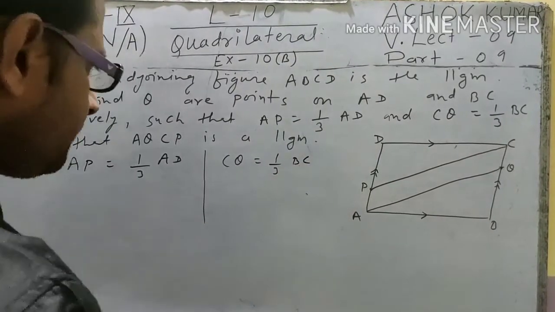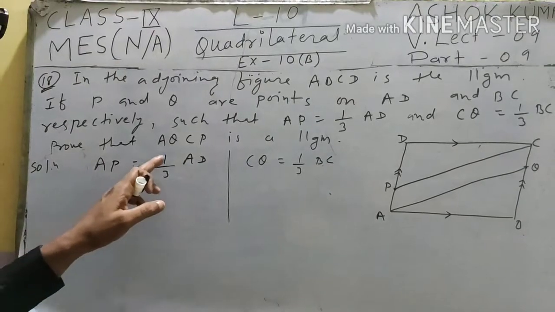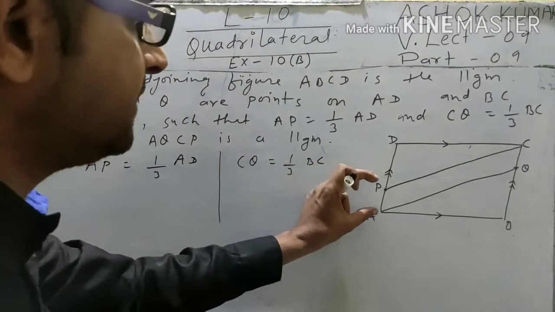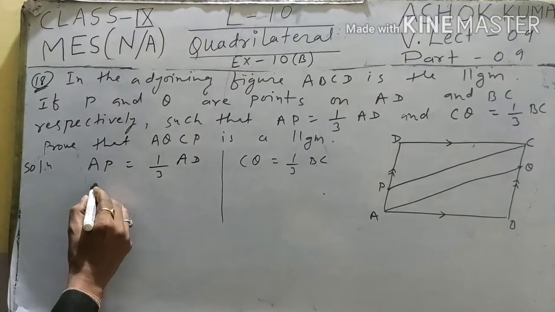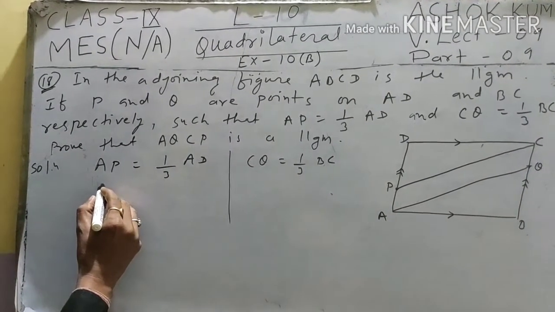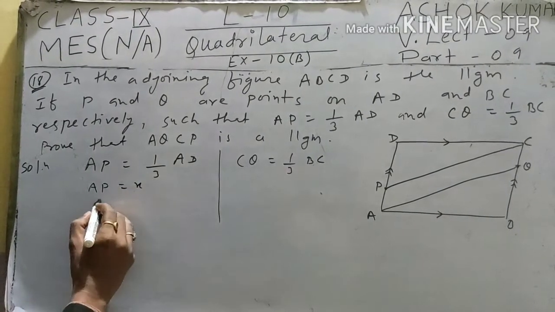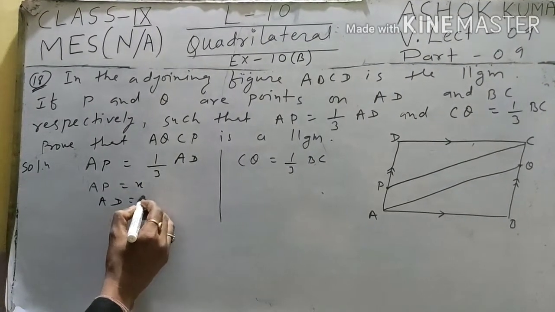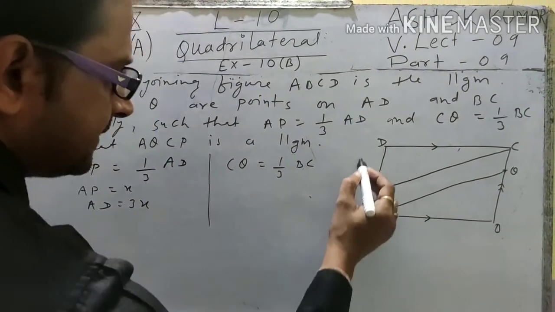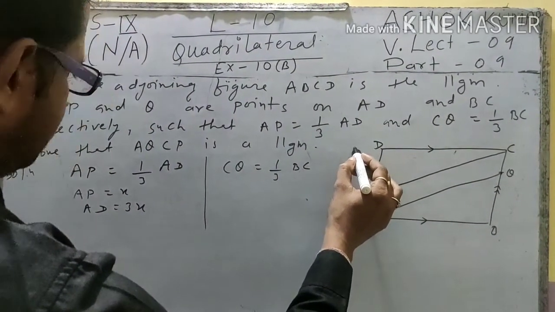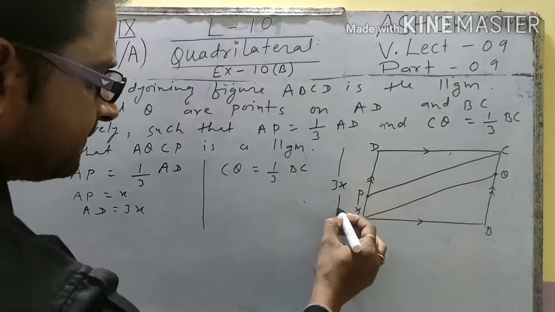Okay student, suppose here student, if AP is equal to x, suppose this value is equal to x. So we can write here AD is equal to 3x. So suppose this value is x, then this whole value is AD, which is 3x.